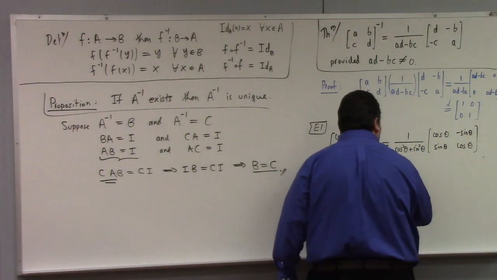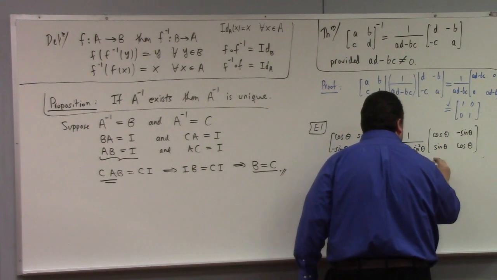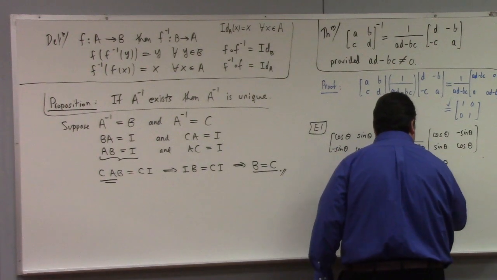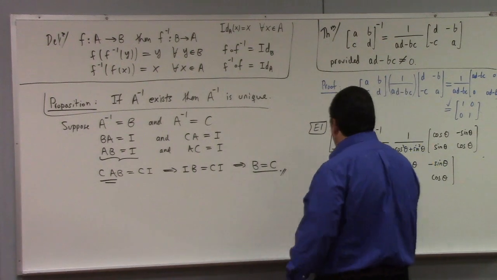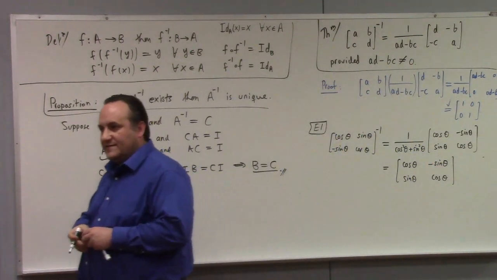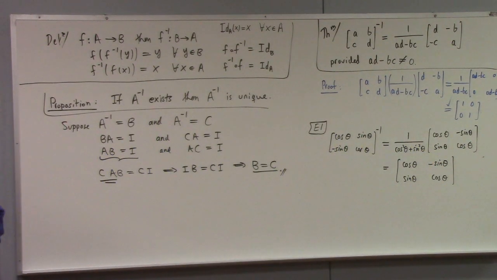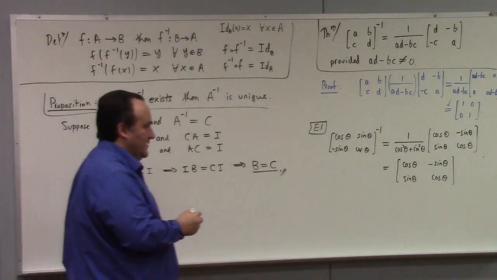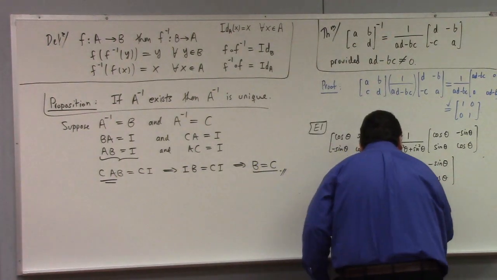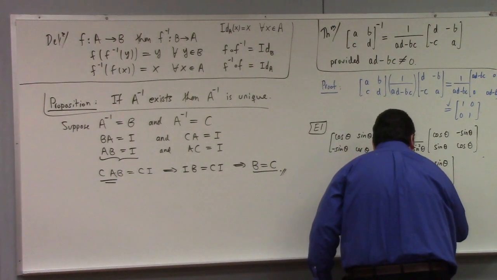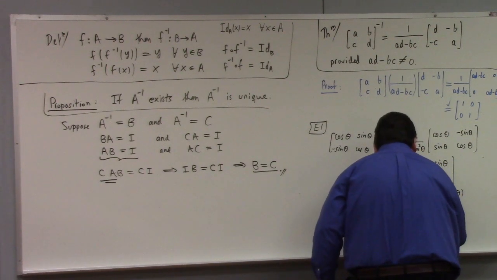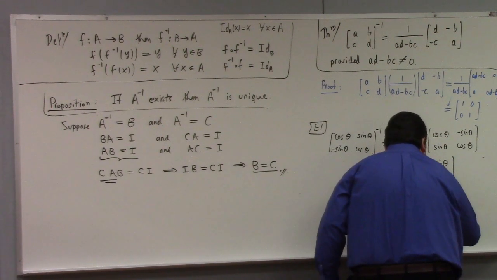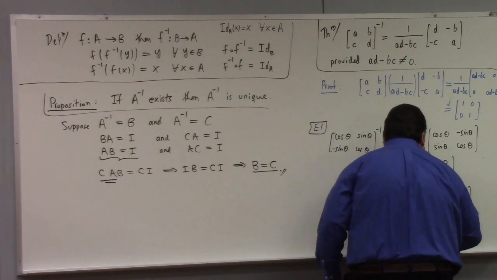So what's that? Cosine theta, minus sine theta, sine theta, cosine theta. Hey, apparently we can always invert this matrix. This 2 by 2 matrix is always invertible. Can you guys explain to me the meaning of this? How about this? I could write this as cosine of minus theta, sine of minus theta, minus the sine of minus theta, cosine of minus theta.